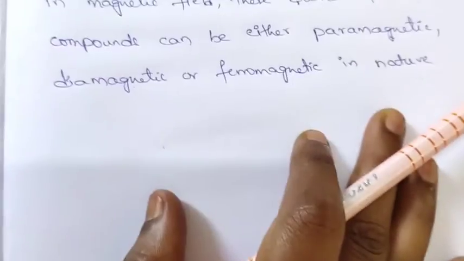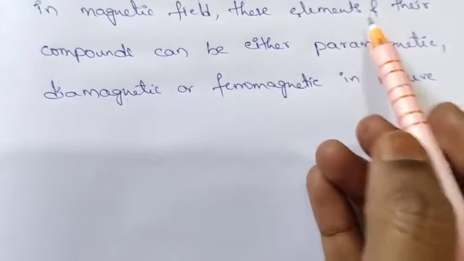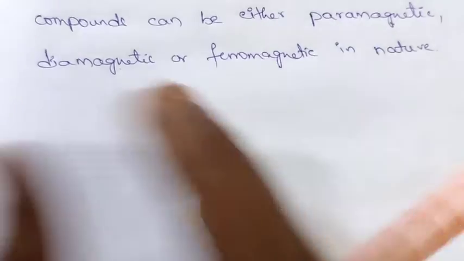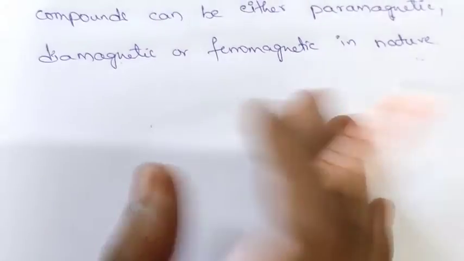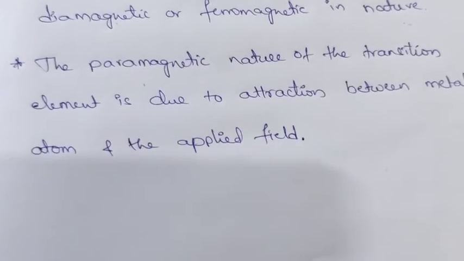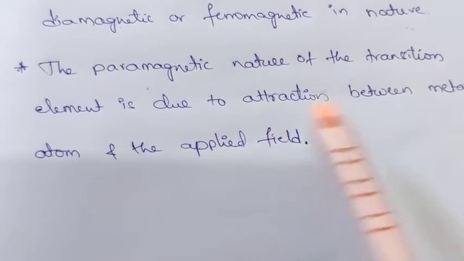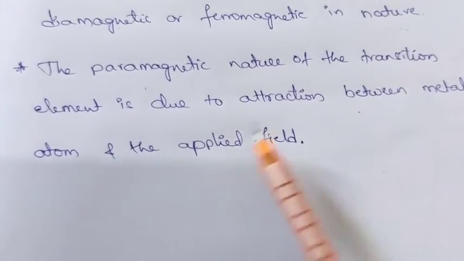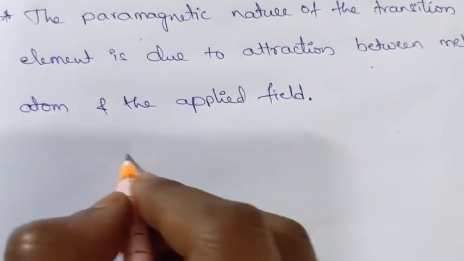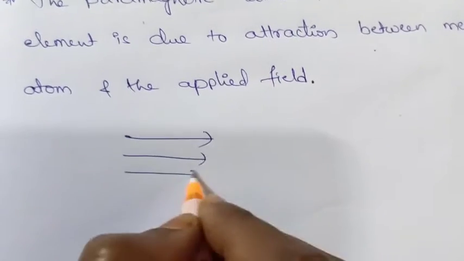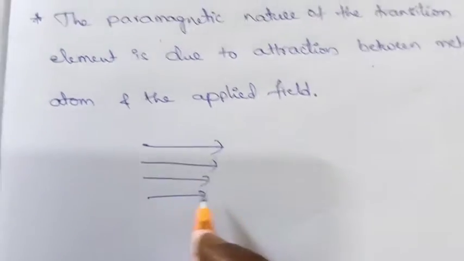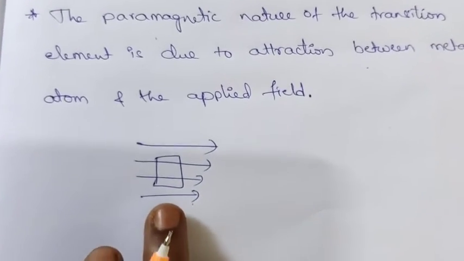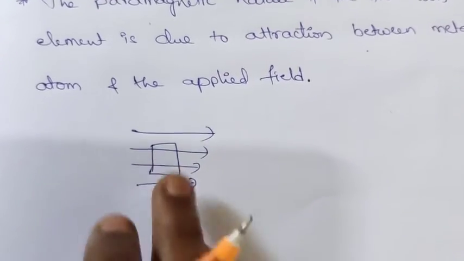Coming to the paramagnetic nature of these transition elements, that is due to attraction between the metal atom and the applied field. Here this is the applied magnetic field. In this one we placed a metal, a transition element, or some substance.